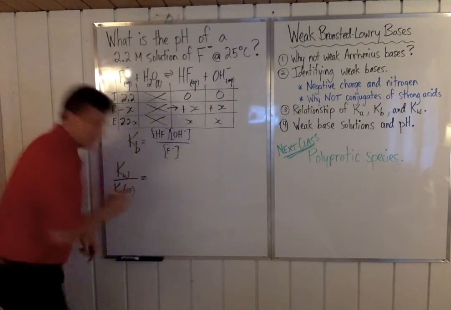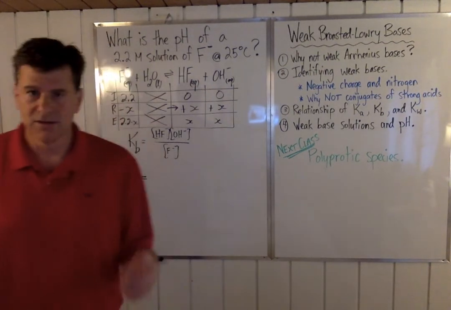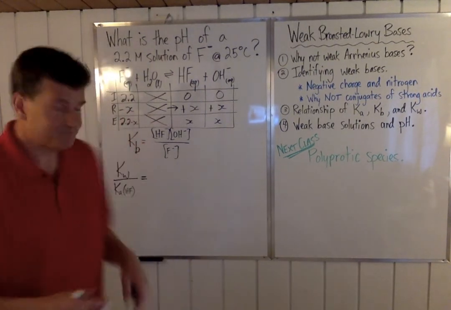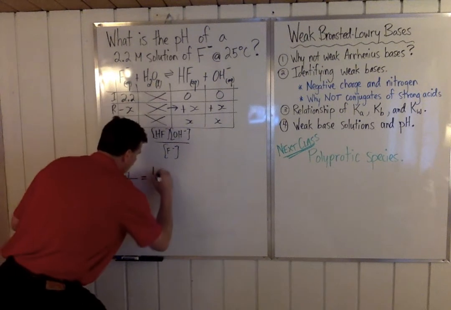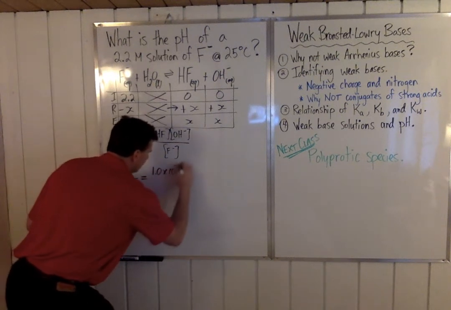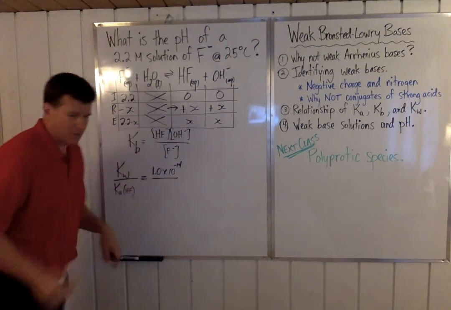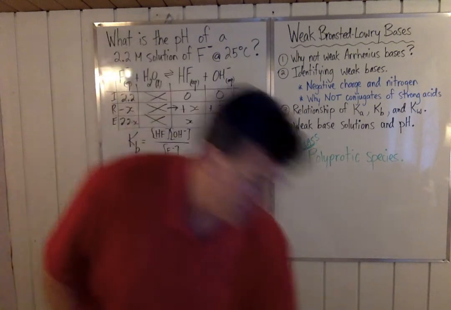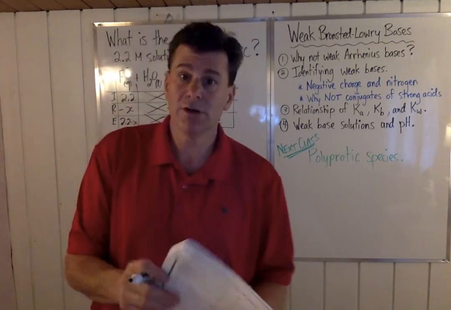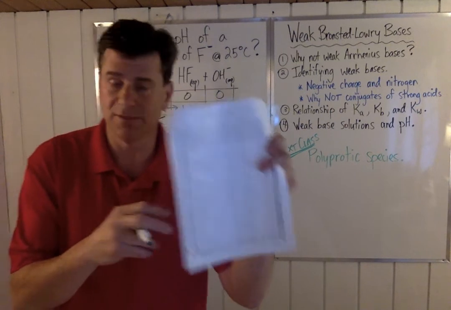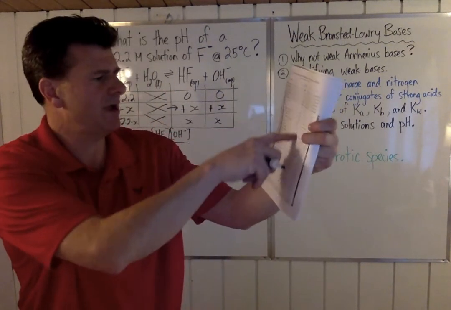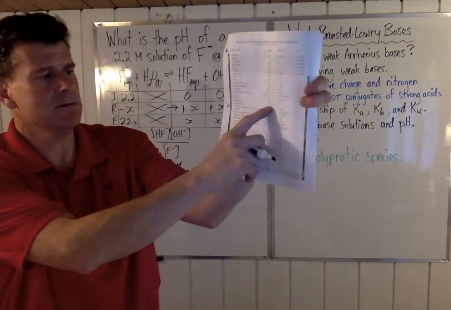Now, to cut to the chase, I would now write down those numbers. So 1.0 times 10 to the negative 14 over, okay, so now I got to be careful. I'm looking for HF on the Ka table. So I'm looking for HF, and it's right here.